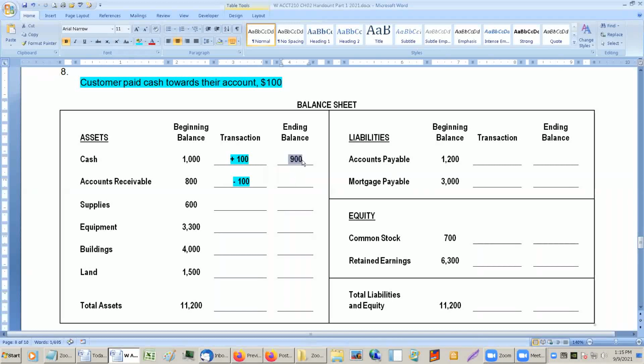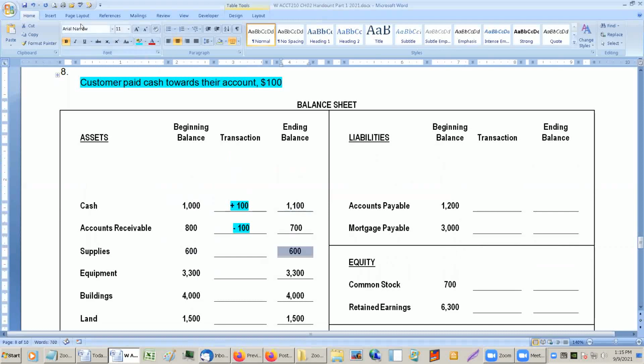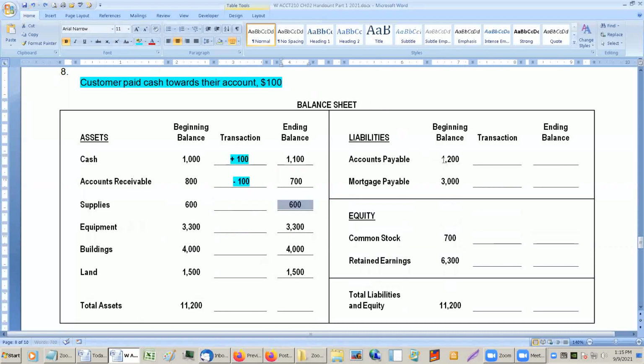Whoa. Wrong way. Okay. So we have cash 1,100. Our accounts receivable now is 700. Everything else here stays the same.